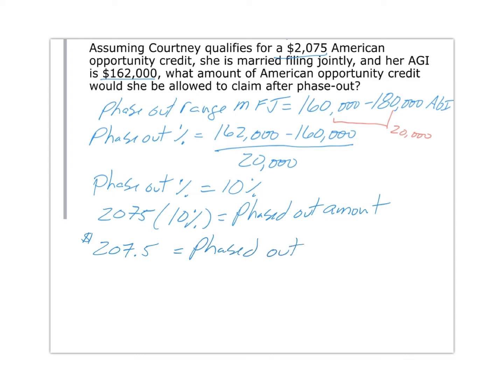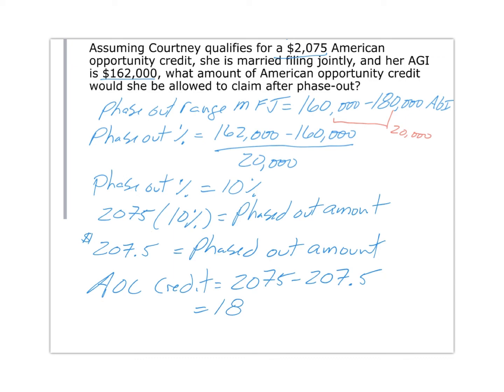So her AOC credit equals 2075 minus 207.5, which equals $1,867.50. So that is her credit amount.